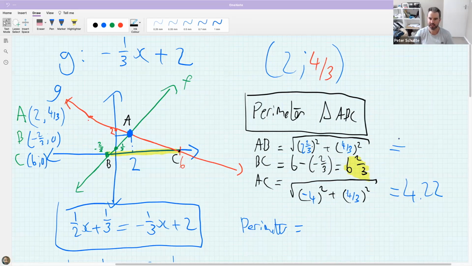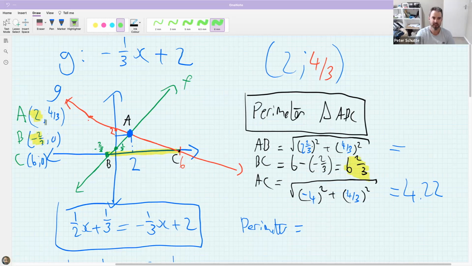Where did I get 2 2/3? So if you look at the point A, are you happy that the point A is 2 and 4 over 3? And then B is minus 2/3, 0, because we've already got that written in. And this one was 6, 0. So when I went for AB, I went 2 minus minus 2/3, which becomes 2 plus 2/3.